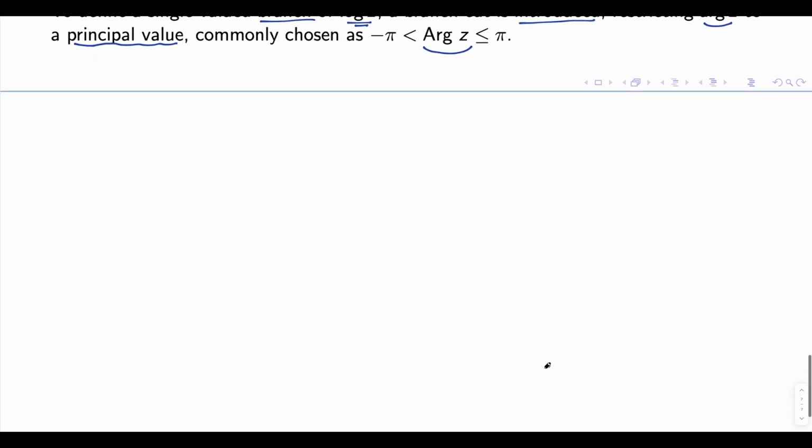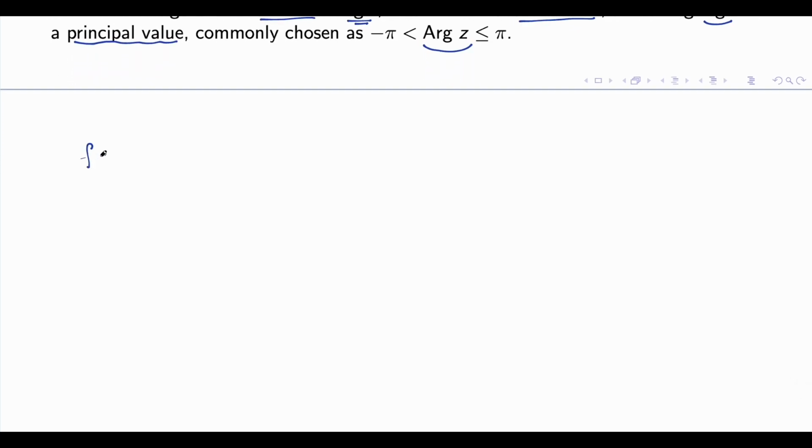Another example, you can see f(z) is equal to z power 1 by 3. This has a multiple valued nature, and its Riemann surface has three sheets.